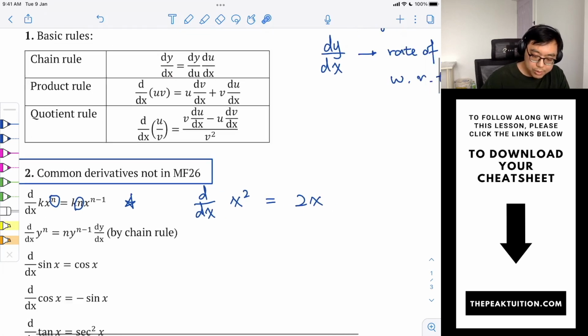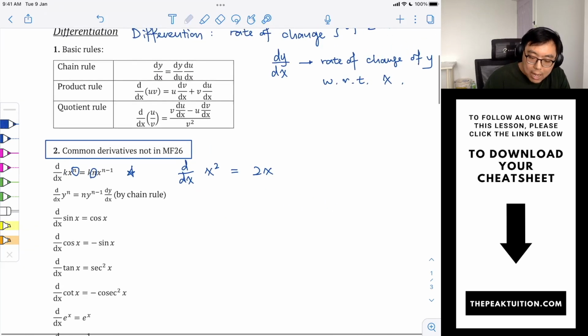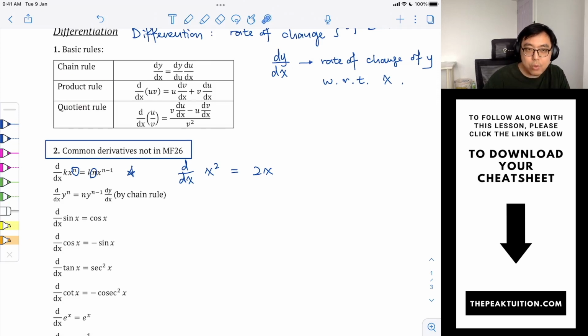When we have more than one function inside what we want to differentiate, we will have to apply the product rule. Let's say we have two functions, u and v. When we differentiate uv, we can write it as u dv dx plus v du dx.